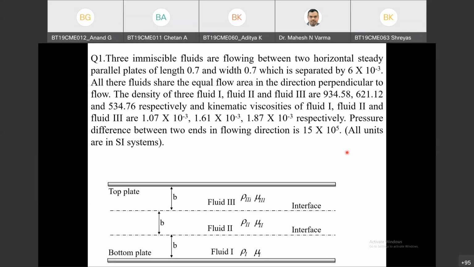So everybody is getting 1. Then make it 10 raised to minus 4 here, if everybody is getting 1.